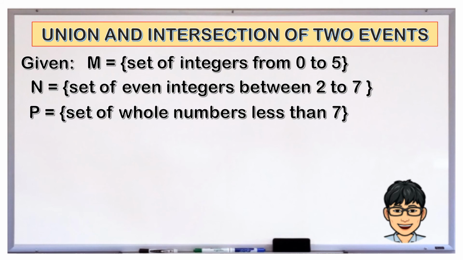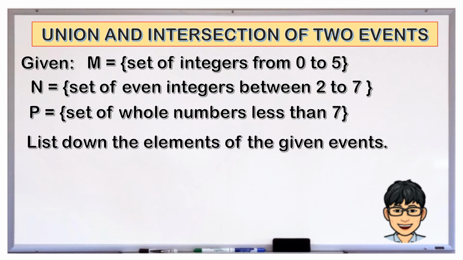Bago natin sagutan ito, let us first list down the elements of the given events. Ang mga elements ng event M natin ay mga integers mula 0 hanggang 5. Kaya, ang elements ng event M natin ay 0, 1, 2, 3, 4, and 5.